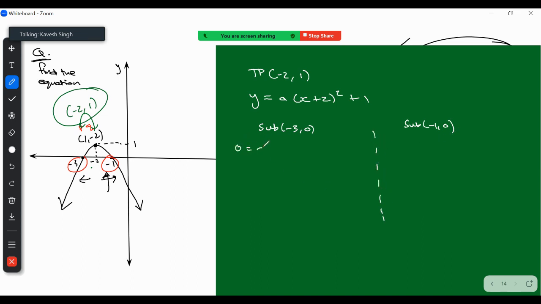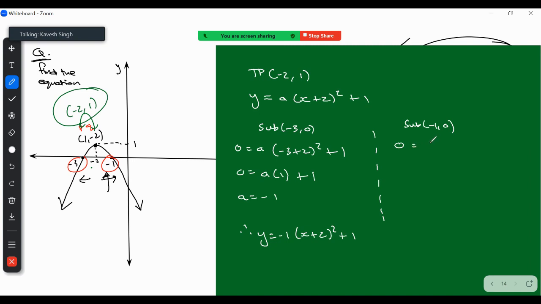So 0 equals a(-3 + 2) squared + 1, and -3 plus 2 is -1. (-1) squared is 1. And so a equals -1. And so the equation is y equals -1(x + 2) squared + 1.